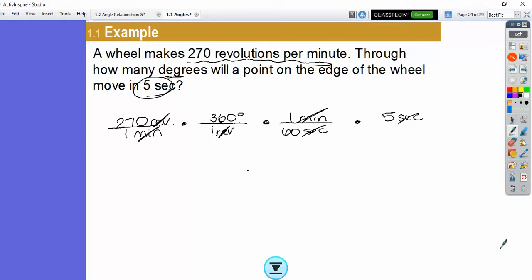You're going to multiply everything on the top, 270 times 360 times 5. And what do I have to divide that by? 60, because that's on the bottom. So that gives me 8,100, and my unit is degrees.